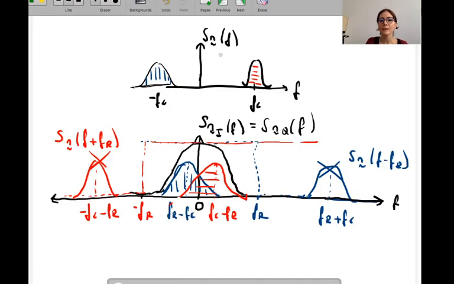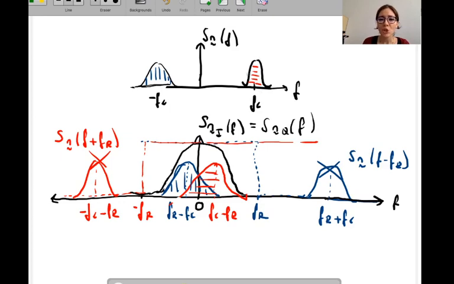Fc. Now again, going back to here, this is not to be confused with the evenness of Sn of f. Whatever bandpass noise process, a real n of t process, its PSD is going to be an even function. That is for sure. So the curve here will be the mirror image of the curve here. That's not what we are talking about. What we are talking about is focusing only, let's say, on this right part, for example.